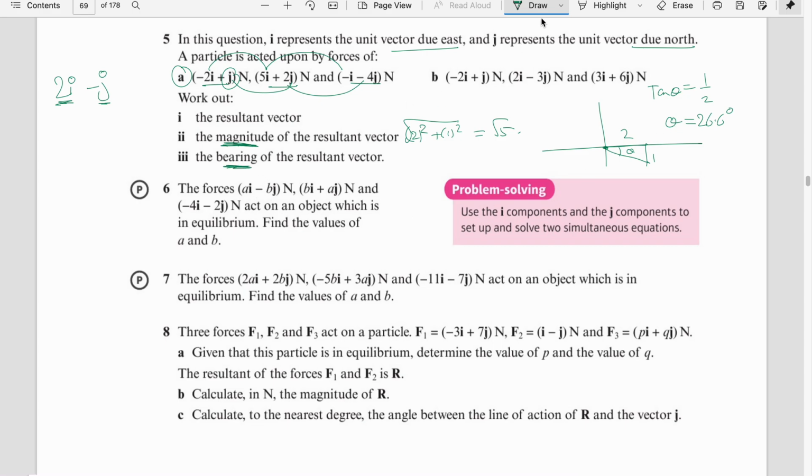Now for bearing, we know we have to go all the way clockwise till this line. This is 90, plus 26.6, you get 116.6 degrees. That is the bearing.